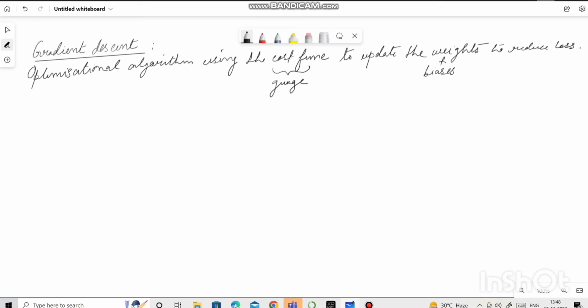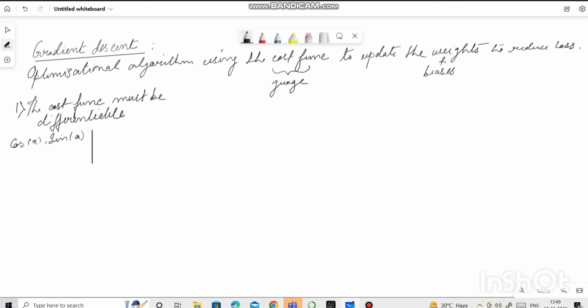Now, what are the criteria? Number one, the cost function must be differentiable. Now, few examples of differentiable functions are cos x, sin x, and many more.